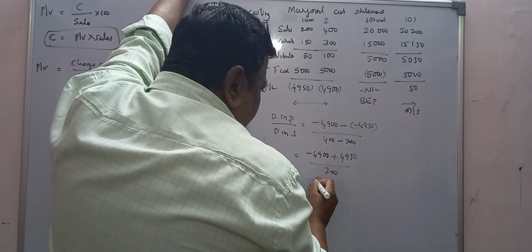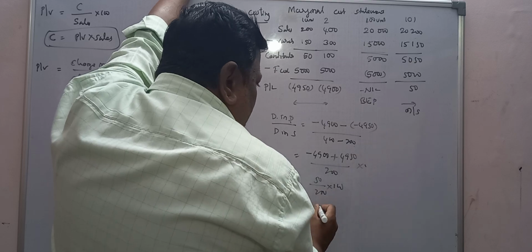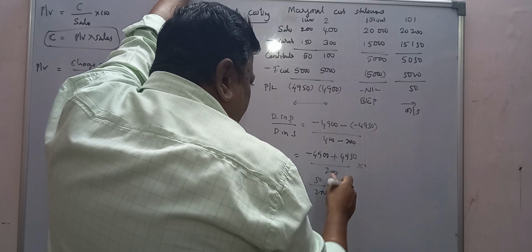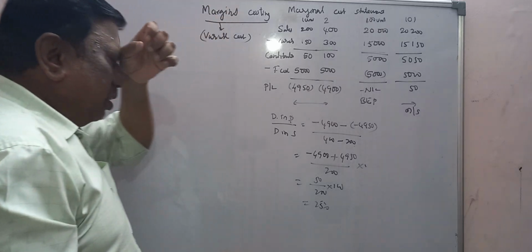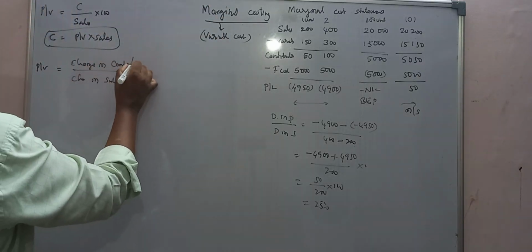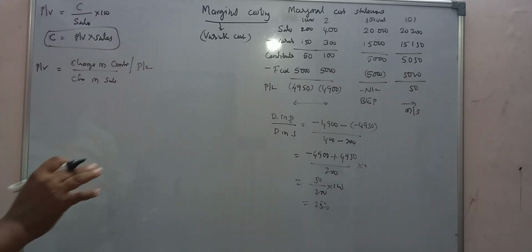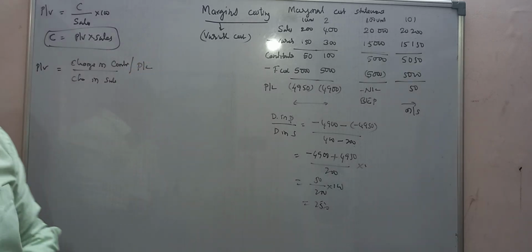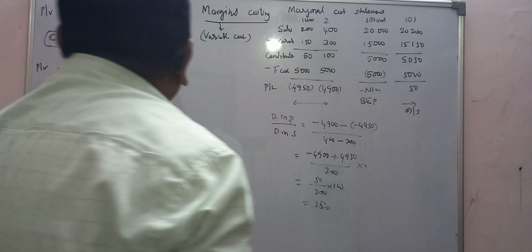So again I am getting 50 divided by 200, into 100. This 100 is fixed, so if you do not multiply by 100, that is also correct. So again I am getting 25%. So this formula becomes change in contribution or change in profit or loss. Profit means profit, loss means loss. That also we can use to calculate the PV ratio.